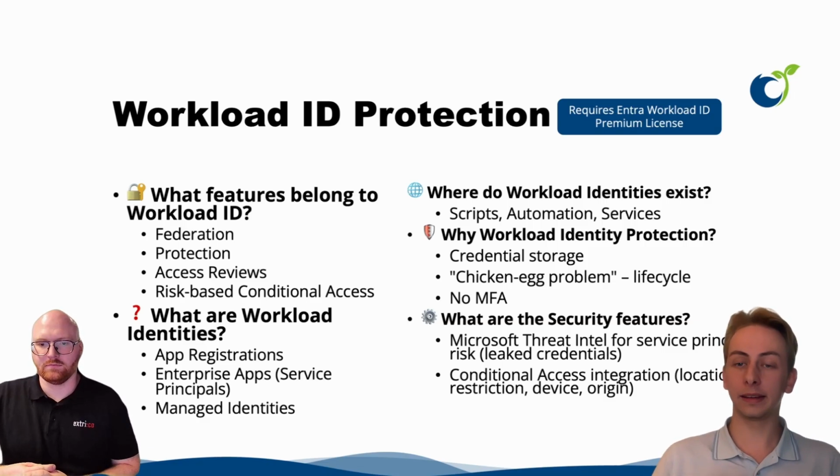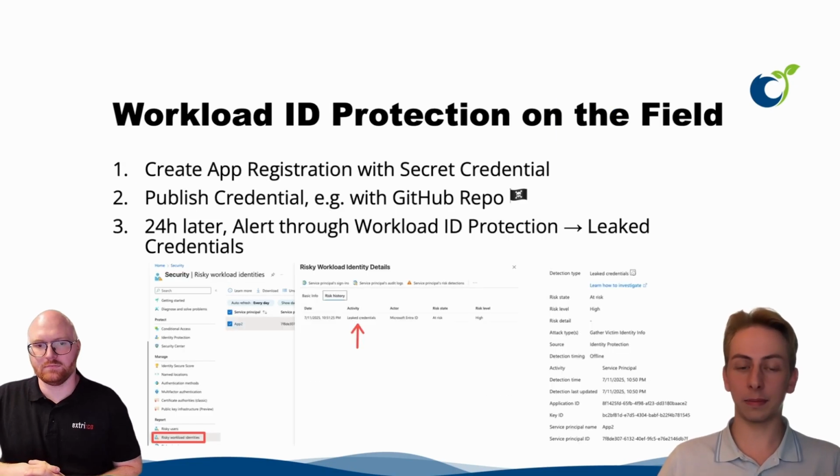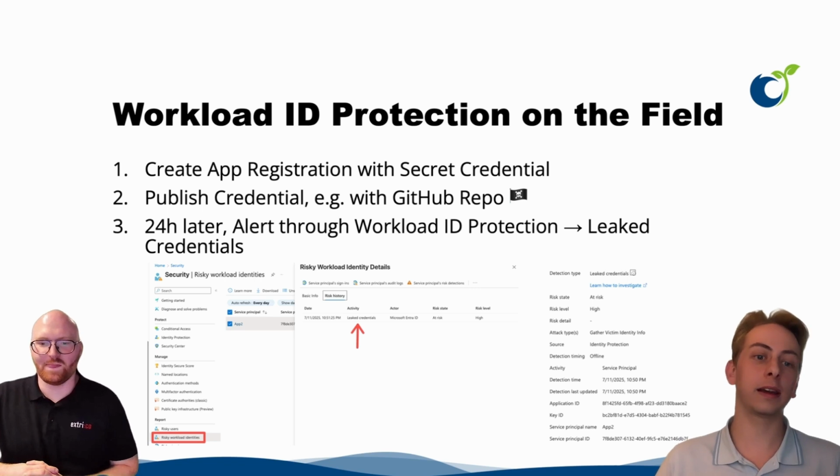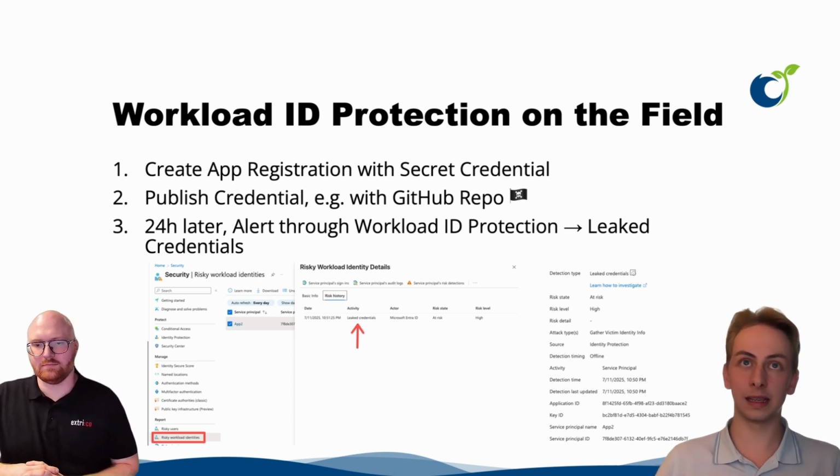So maybe a hint here is that it requires an additional Entra ID premium license to do all of these things. But essentially, I set up a demo because I wanted to try that out, how good it works. And for that, I created an app registration in a demo tenant and exposed a secret credential on GitHub publicly.